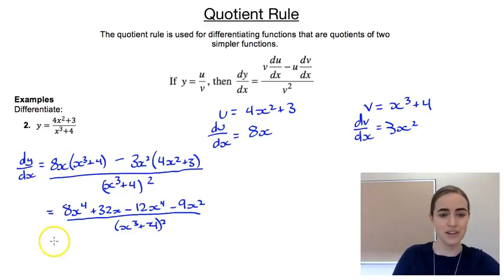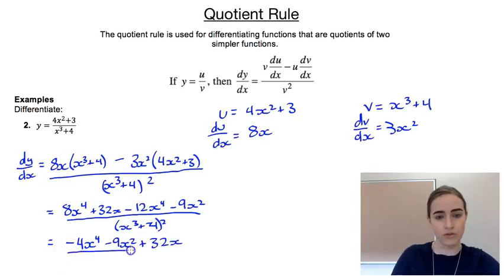Now we've got these x to the power of 4 terms that we can simplify. So 8x to the power of 4 minus 12x to the power of 4 would give us minus 4x to the power of 4 minus 9x squared plus 32x, all over that same denominator again, so x cubed plus 4 squared.